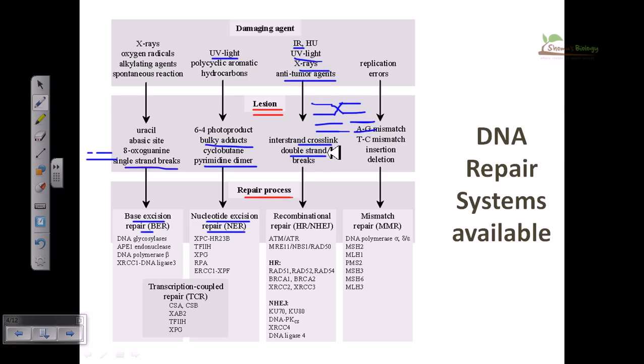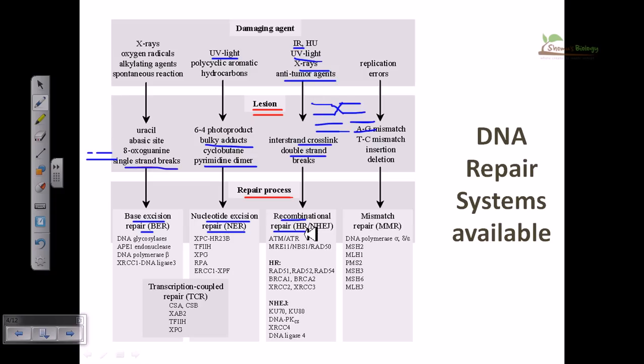As a result of that, the whole gene content will be lost, right? Because if we have a double-stranded break, the whole DNA will break apart and fall apart. That's why we need to repair it as soon as possible, and the cell repairs it via the recombinational repair system. This system requires the mechanism of recombination and some recombination proteins to repair the double-stranded break of the DNA.